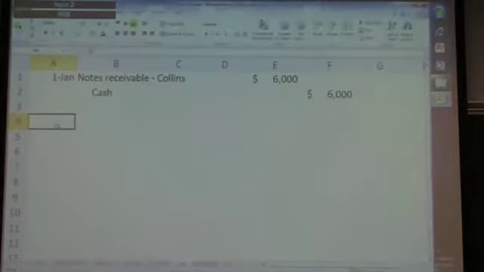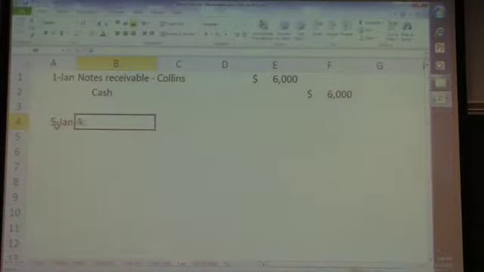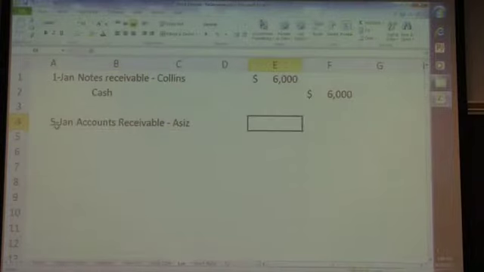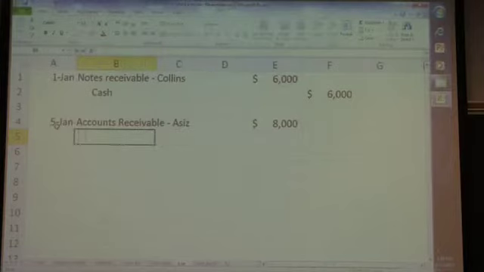So on January the 5th, you will be debiting the accounts receivable for Assist, and the amount is $8,000, and you would credit sales for $8,000. You also need to account for the cost of the products.